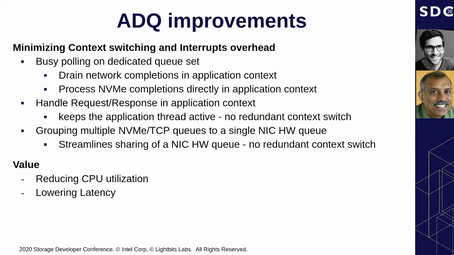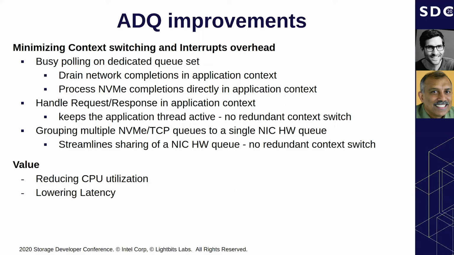And what that does is that it keeps the application thread active, and there are no redundant context switches as a result. Grouping multiple NVMe TCP queues to a single hardware queue allows very effective sharing of NIC queues. For example, polling can then handle requests from multiple NVMe TCP queues to improve throughput on a core without redundant context switches.